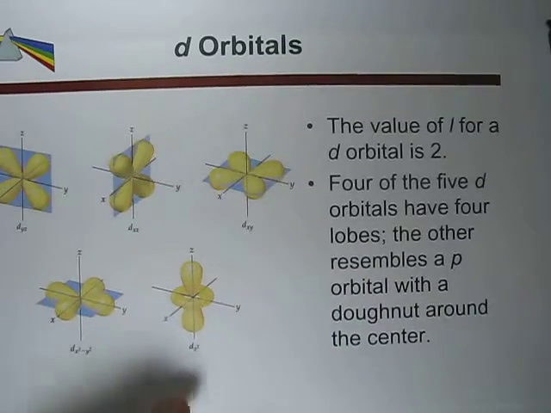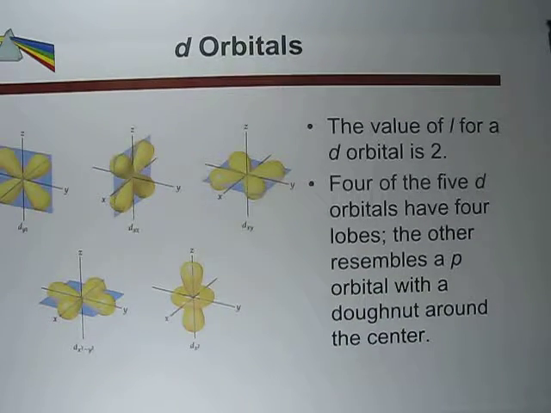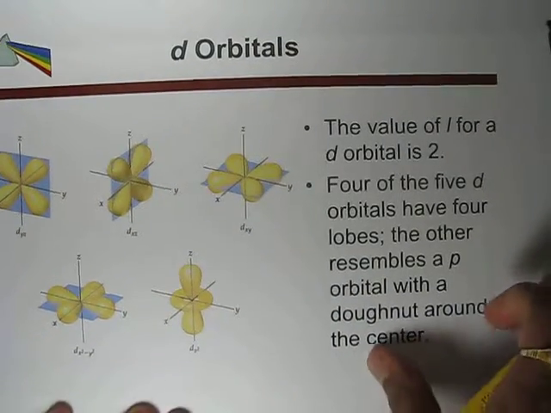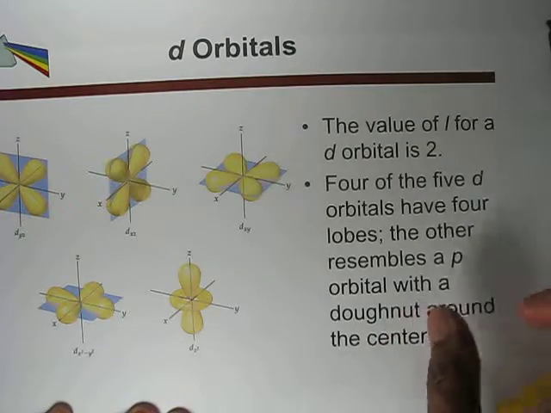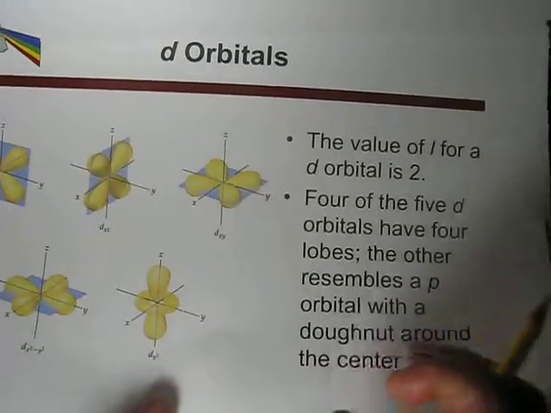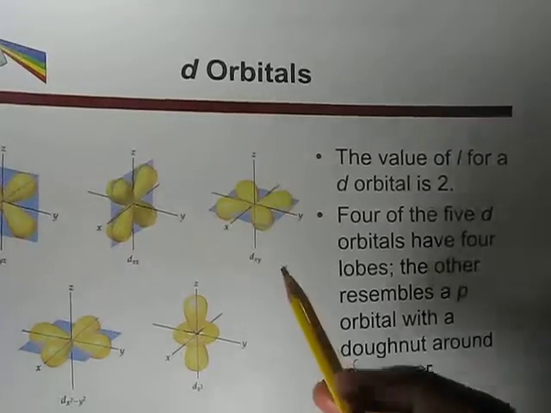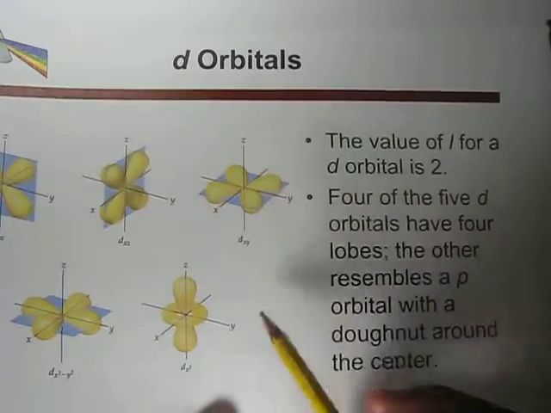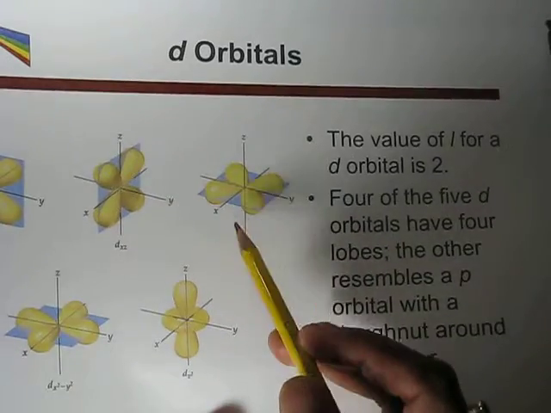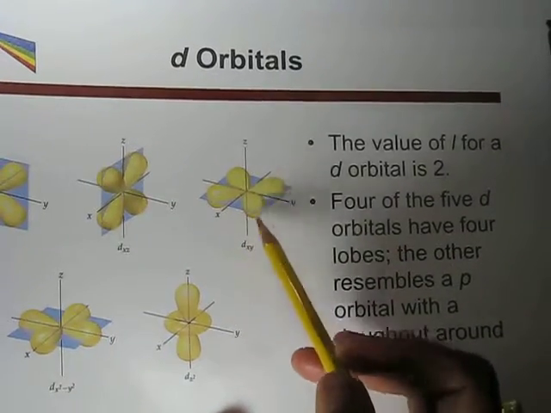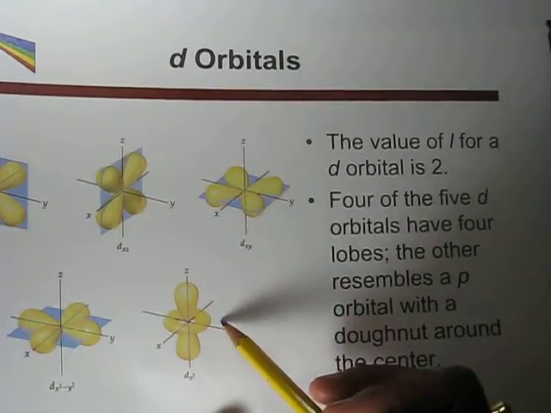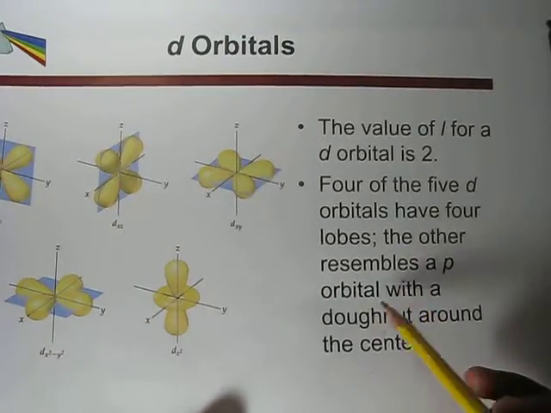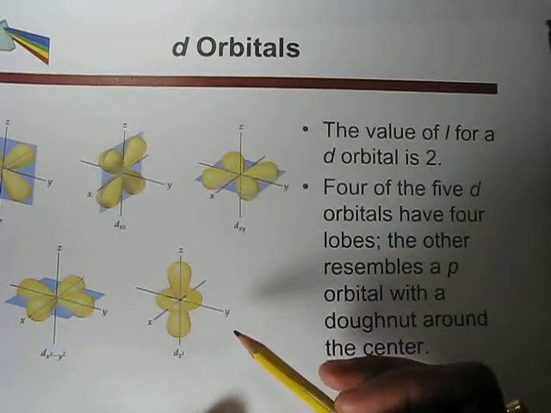These are mathematical expressions derived from the Schrodinger wave mechanics equation that shows the d orbital. There are 5 d orbitals, and they are double lobes, and the last one is circular around like a donut shape.